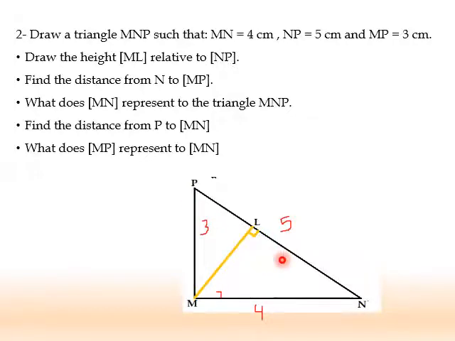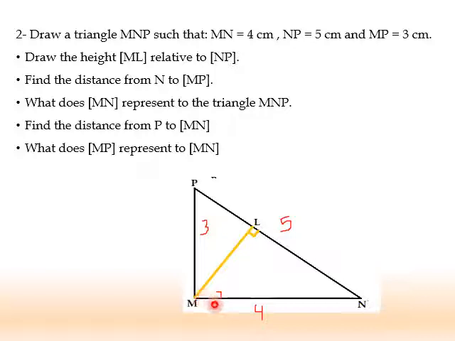Now find the distance from N to MP. From N to MP, we know that to draw the distance or to measure the distance, I have to deal with the perpendicular.